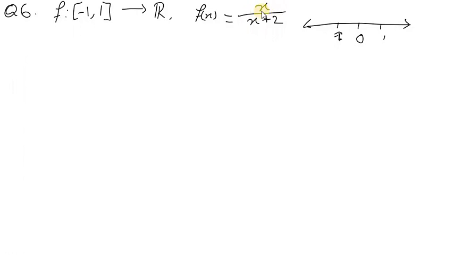You can see this function is defined for every point here. It is not defined only when x is -2, but -2 is not there, so it is well defined. You can find the function value of every point in the interval -1 to 1. So let's try to find out whether it is one-one or not.